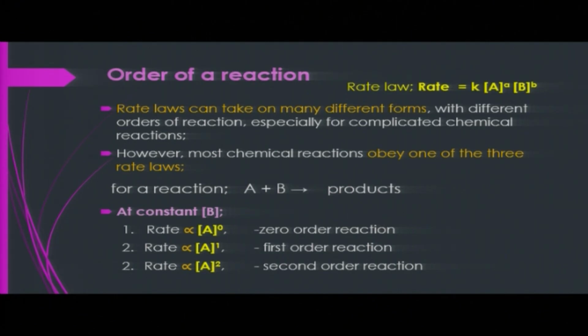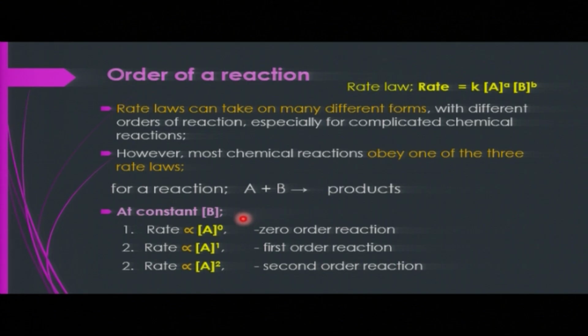So, again, remember the rate equation is relating the concentration of the reactant to the rate of a reaction. So in this case, we are going to keep B constant and see how changing the concentration of A will affect the rate of reaction.